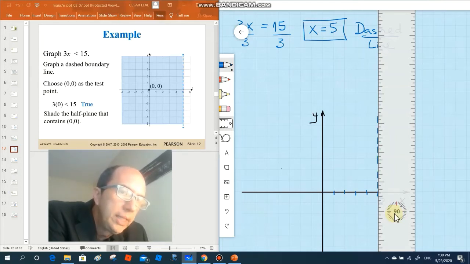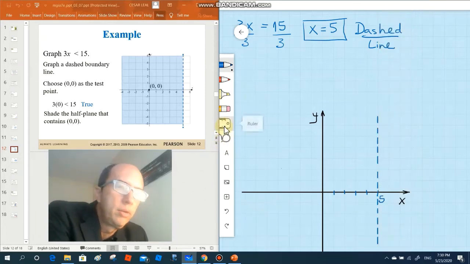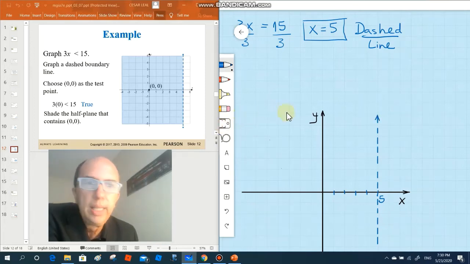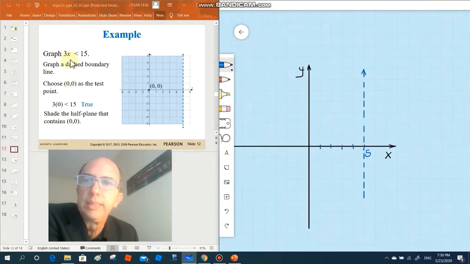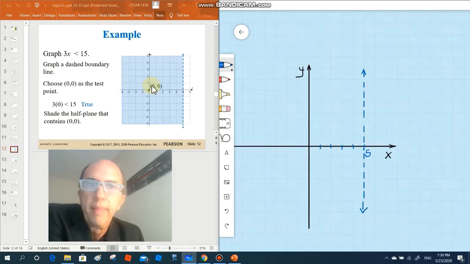This is going to be dashed because there's no equal sign on the inequality. It's not greater or equal or less or equal. In this case it's just 3x is less than 15. So no equal, dashed line.